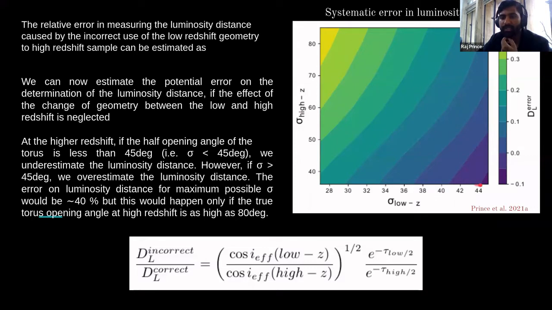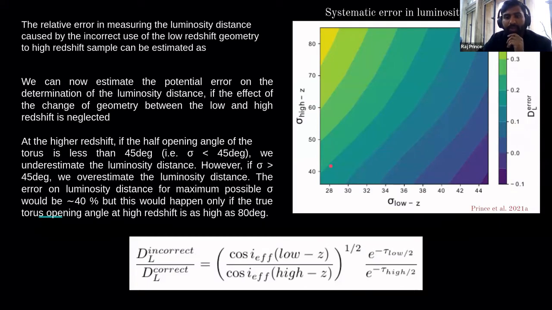For low redshift sources, it goes up to 45 degrees, because for the low redshift sources we exactly know the structure of the source, and we can measure the opening angle. But for high redshift sources, we do not know the structure, so we have a full range from, let's say, above 30 degrees to 90 degrees. So we see that if the half opening angle of the torus at high redshift is less than 45 degrees, then we underestimate the luminosity distance.